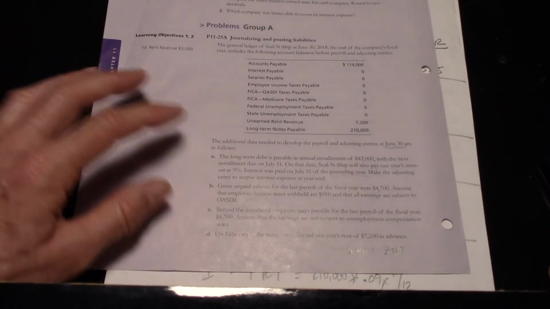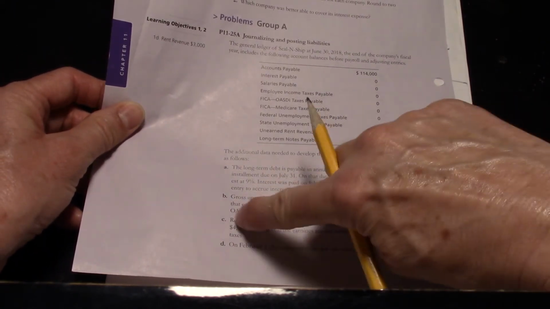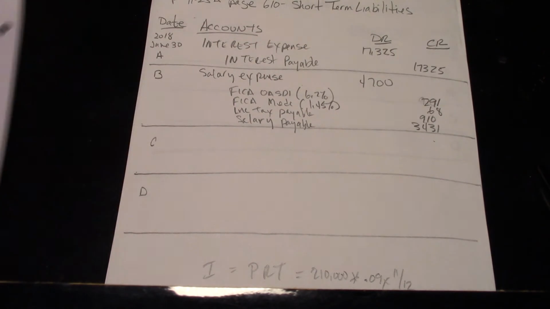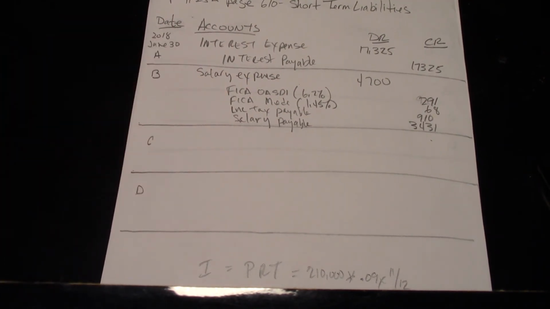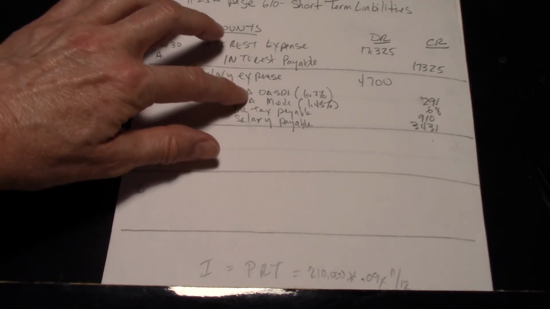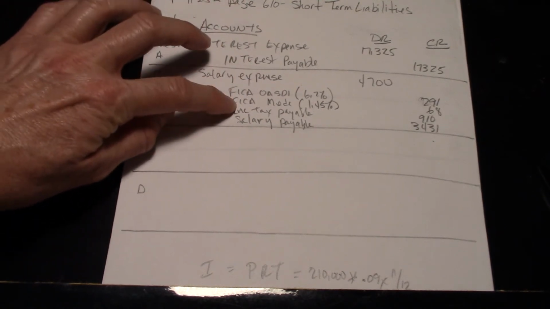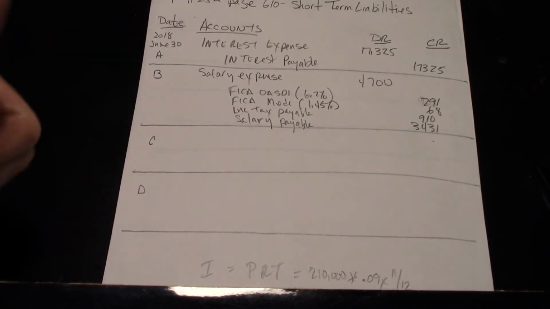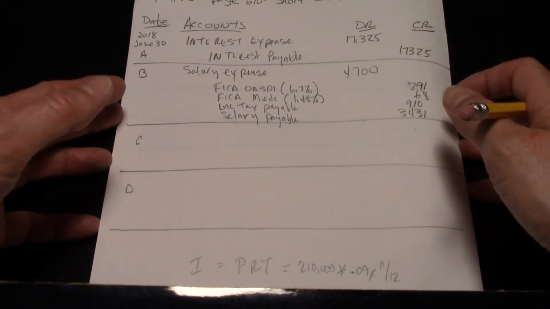Now the next thing: record the employer taxes for the last payroll, 4,700. Assume there's no unemployment. As employers, we'll have to pay the same amount. Whatever employees chip in for Social Security and Medicare, the employer chips in as well. And that's just called a payroll tax expense.